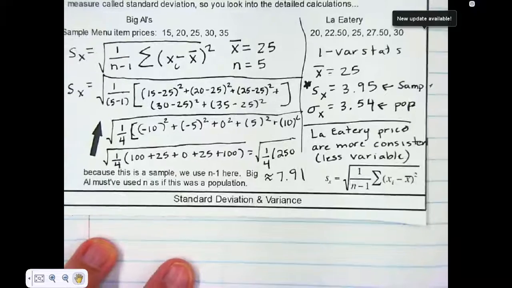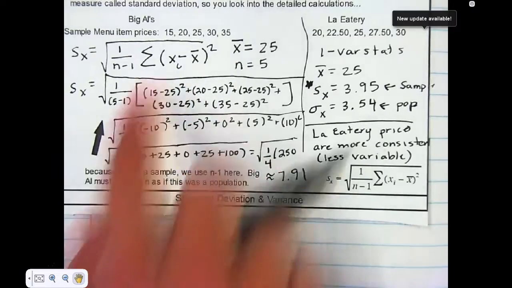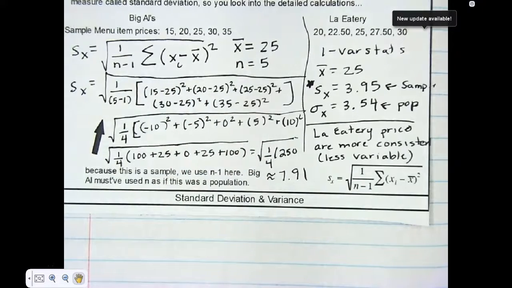Okay, so we went through and plugged the numbers in the formula. Remember, this is summation. Again, standard deviation isn't necessarily a complicated formula, but it can be tedious.